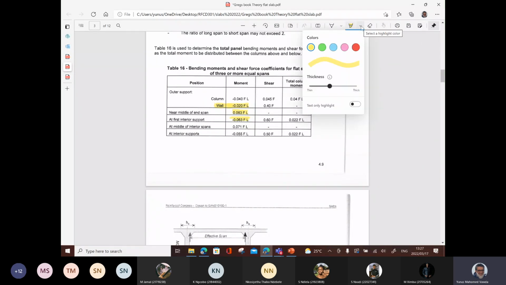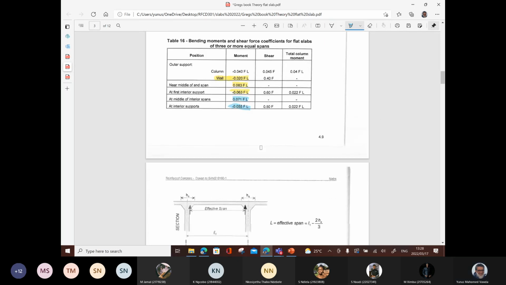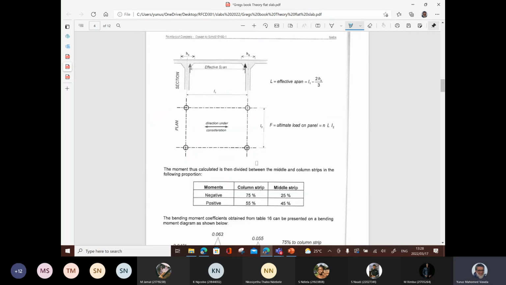So let me change this. Now we're going to look at interior supports and middle of interior supports. Once we've done this, we've then got to go to this table and sort it out in terms of column strips and middle strips. Okay, right? So there's the effective span, which is the L, and that's where you find the L1 minus 280/3.